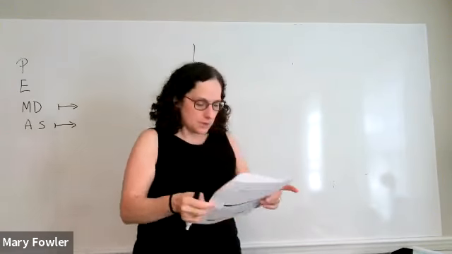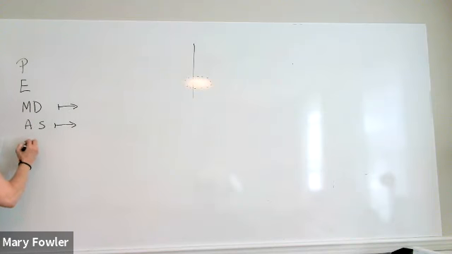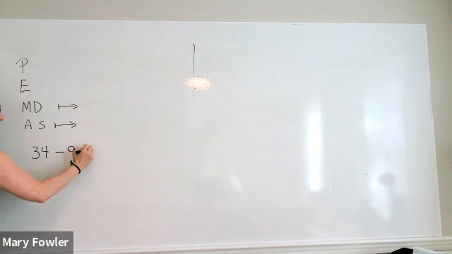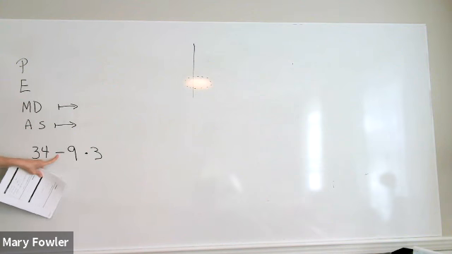Okay, so let's go ahead and take a quick example here. We might want to look at the expression 34 minus 9 times 3. So we see a subtraction, which is all the way down here in the order, and a multiplication, which is just above it. So the first thing we have to do is the multiplication.